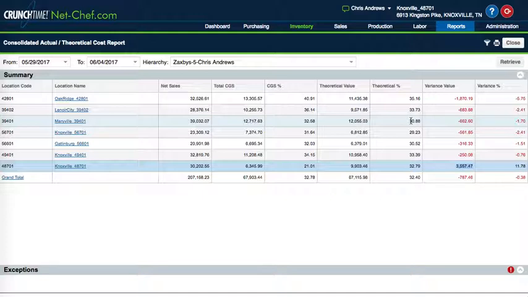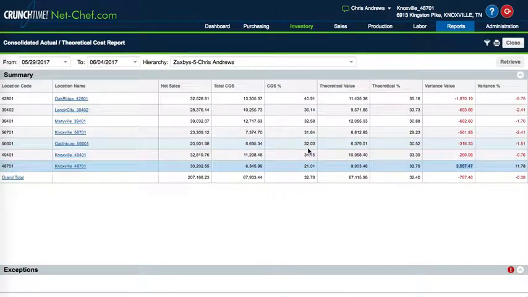In a perfect world, we didn't waste anything, and we got exactly perfect yields out of every case of food we had. That's the best cost of goods that you could have run based off of your sales from the previous week, so that's typically going to be between 30 and 33%. If you're running 33% theoretical and you've got a 2% variance, then your actual cost of goods in this column would be 35%. So 33% theoretical, 2% variance, your actual cost of goods will be 35%.